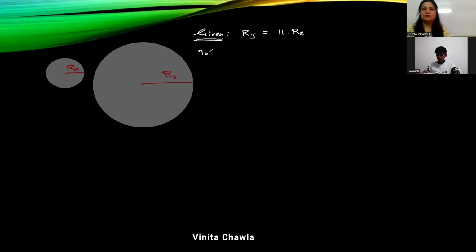To find: first we have to find the volume ratio, volume of Jupiter divided by volume of Earth. This is number one. And the second thing that we have to find out is how many Earths the planet Jupiter can accommodate.